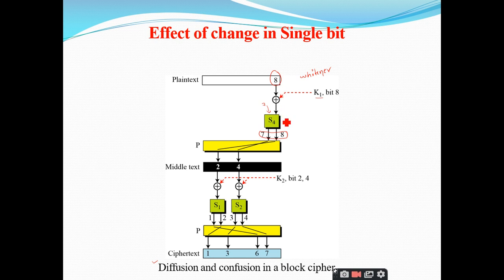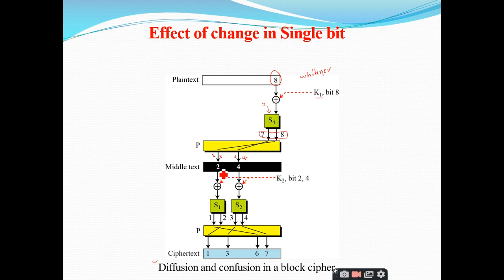The output after this substitution box is bits 7 and 8. After giving these 7 and 8 bits as the input, you can observe here that the 7th bit is transferred as the 4th bit and the 8th bit is permuted as the 2nd bit. So this is where you will get the middle text.